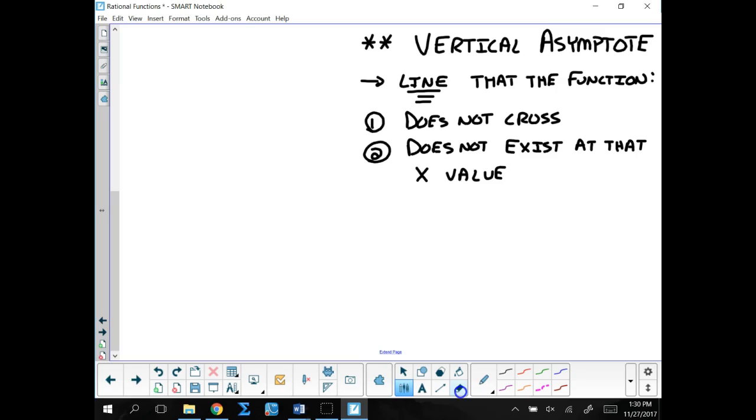We said that it is a dashed line. Okay? It's got to be on the graph. It's got to be on the graph.